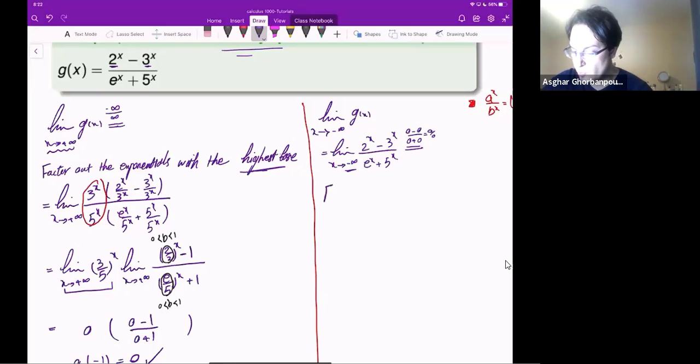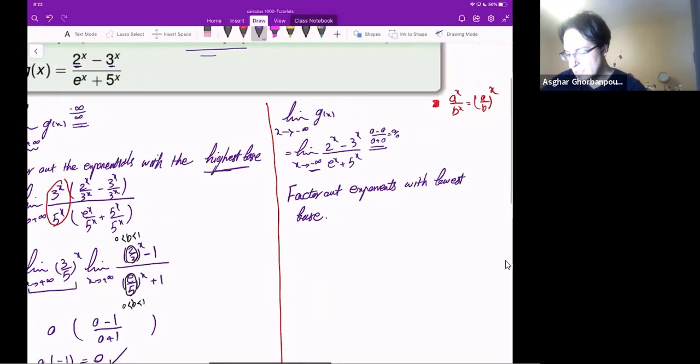That's why for x going to negative infinity, we will factor out exponents with the lowest base. So this means that I can factor out 2 to the power x. This will give me 1 minus 3 over 2 to the power x. And here will be e to the power x. This will be 1 plus 5 over e to the power x, as x goes to negative infinity.